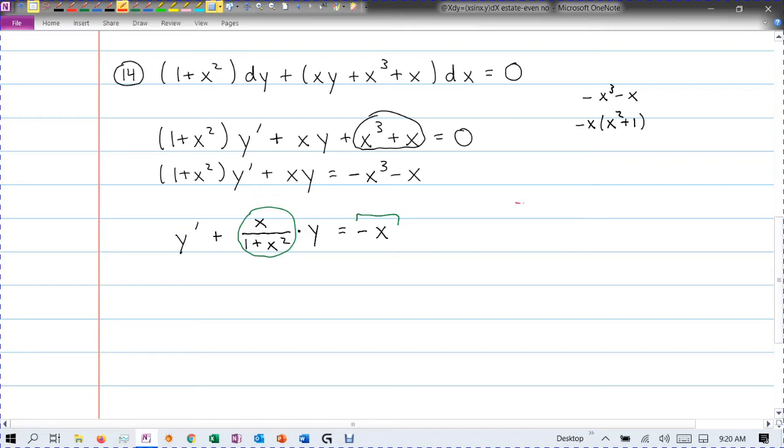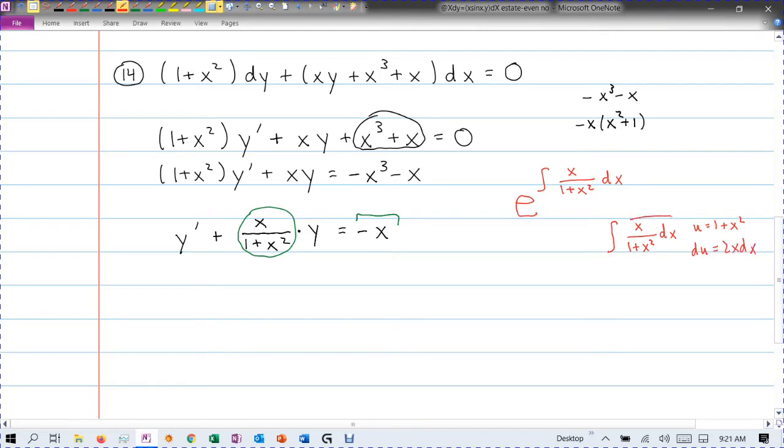So integrating factor, e to the integral of x over 1 plus x squared dx. Okay, let's look at that integral real quick. I'm just going to do this right here real fast. This is a basic u substitution. If I let u be equal to 1 plus x squared, the derivative of that is 2x dx, which I have up top.